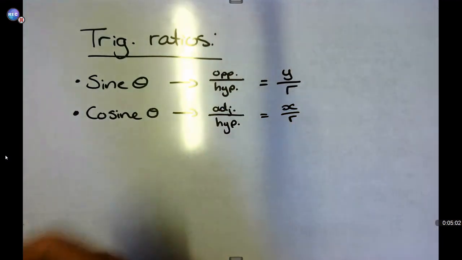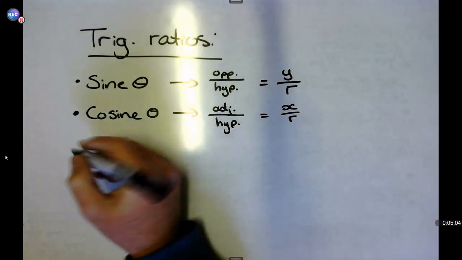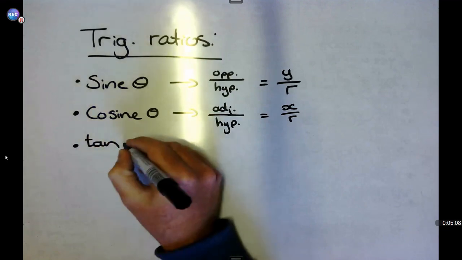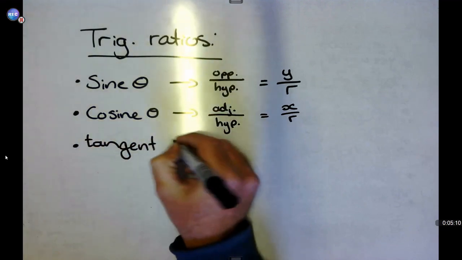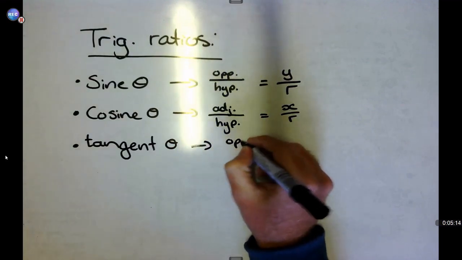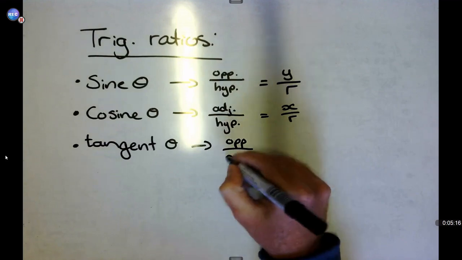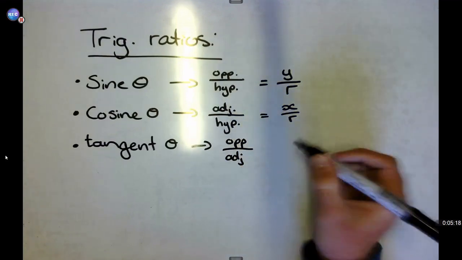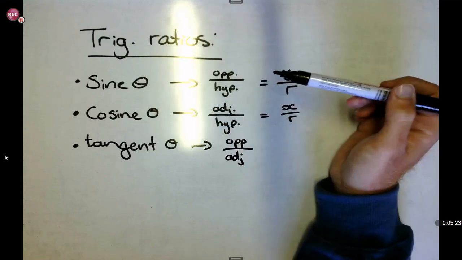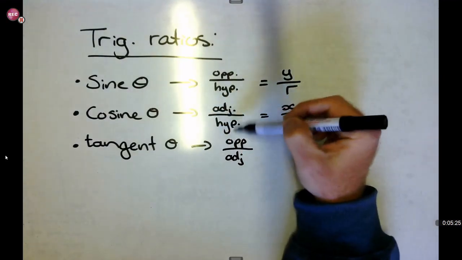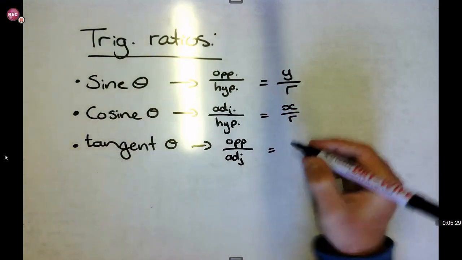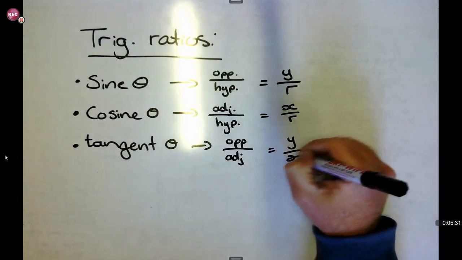Okay, and then for tan, your tangent, so tangent theta, it will always be opposite over adjacent. So the only two that get the hypotenuse would be your sine and your cosine. Okay, and the hypotenuse is always the denominator. So in this case for tan, it would be y over x.